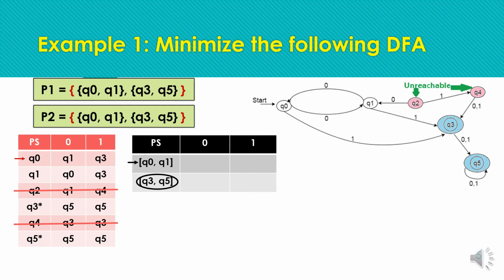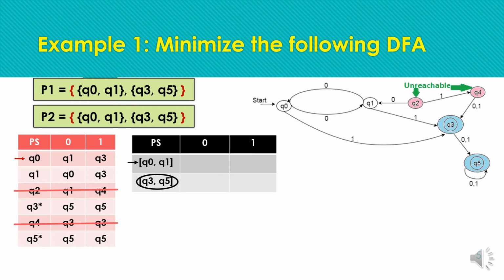Like Q0 and Q1 are not independent states, Q3 and Q5 are not independent states now. So while constructing the transition table, we just need to check the transition for each input symbol, and if it goes to Q0 or Q1, then we have to write the complete set Q0 Q1.